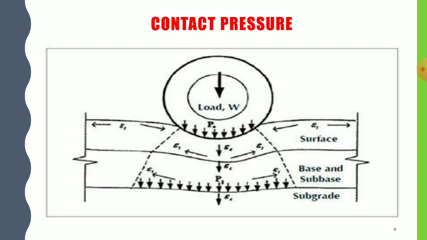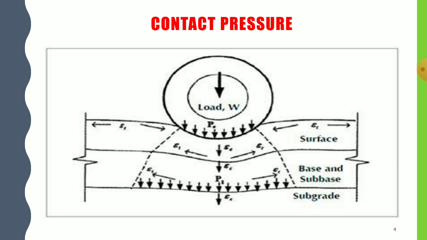Contact pressure: you can see in this visual that the tire is in direct contact with the upper layer of the road surface, which is also called the wearing surface, and which is above the base surface. So basically we have three layers here.